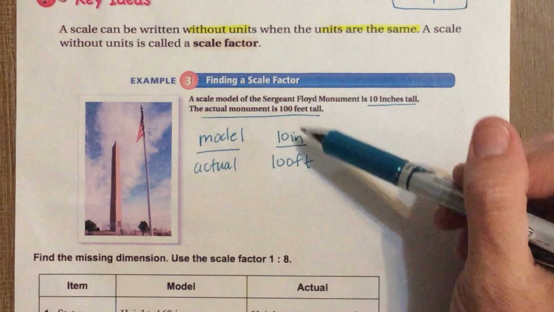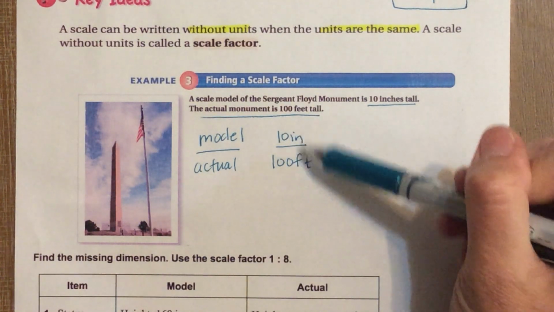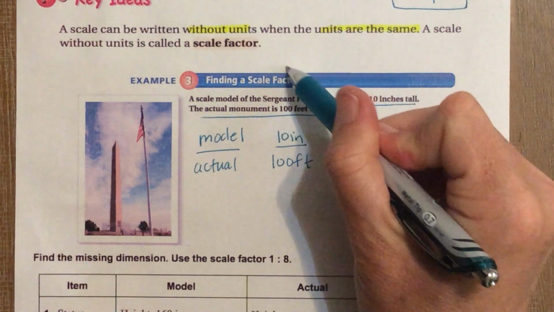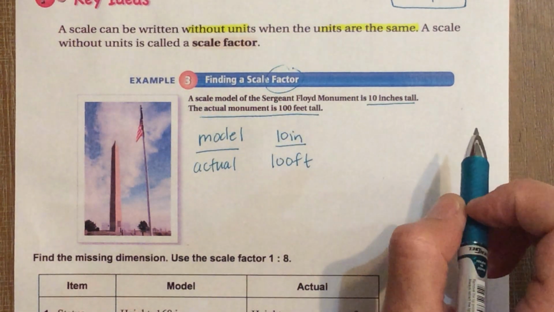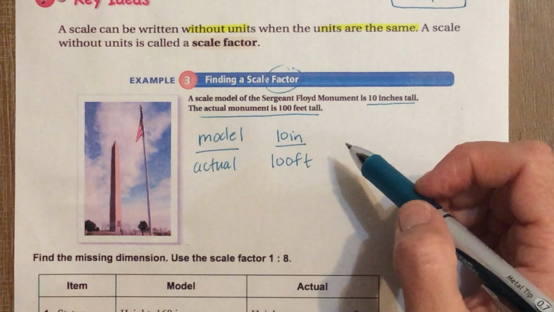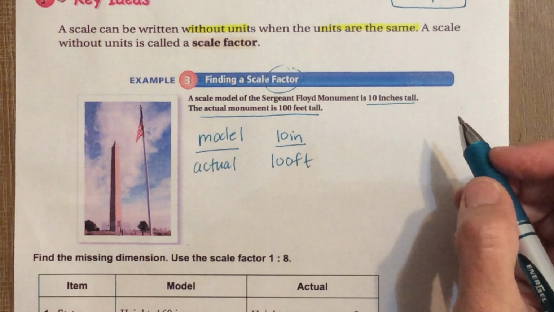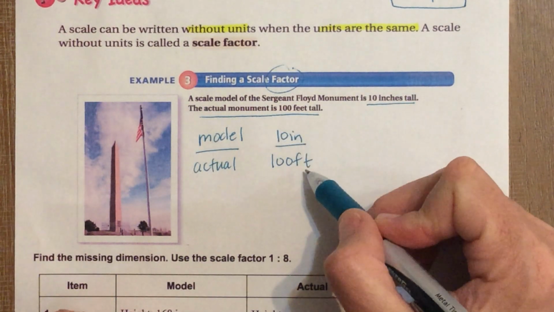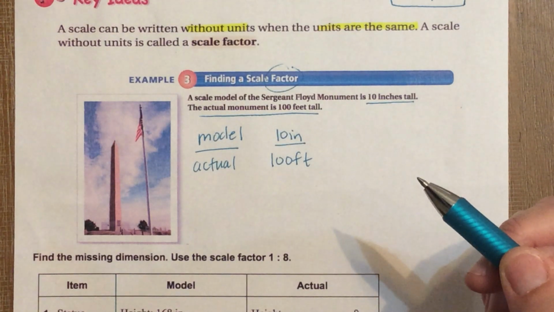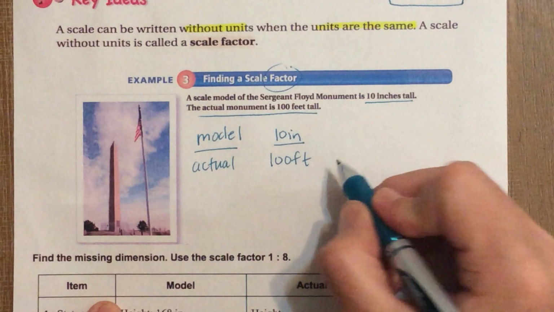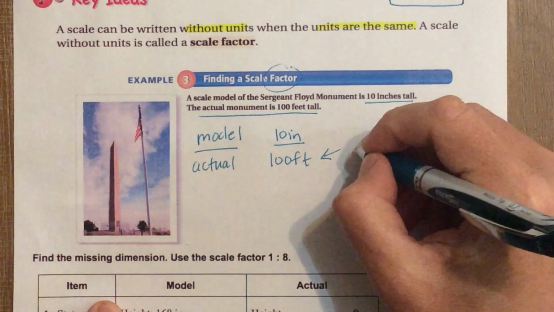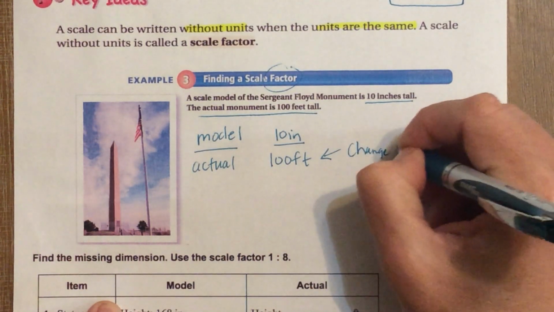Well, that's not a good scale right here because I have 2 different units, but we're looking for a scale factor. Remember, scale factors are without units or when the units are the same. So the first thing I'm going to do is make my units be the same. This is 10 inches and this is 100 feet. I know that there are 12 inches in a foot, so I can change this to inches.